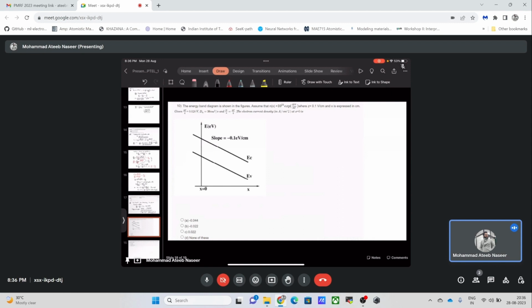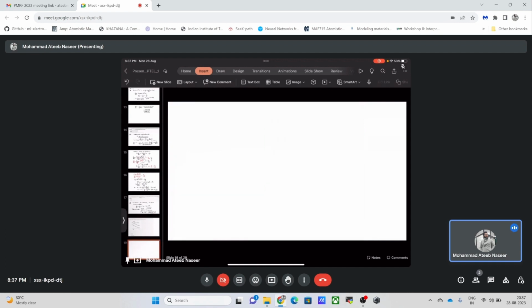So the electron current density will basically be the sum of two current densities. One will be the drift current density, and the other will be the diffusion current density. If I write down the full expression, J total, the total current density, is simply equal to J drift plus J diffusion.